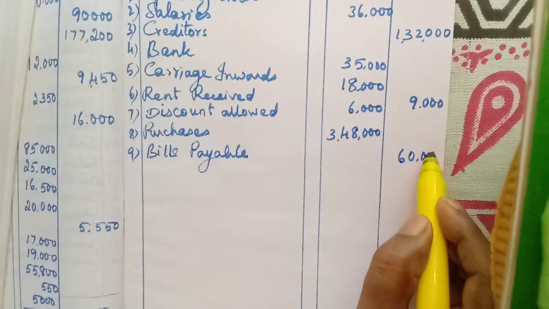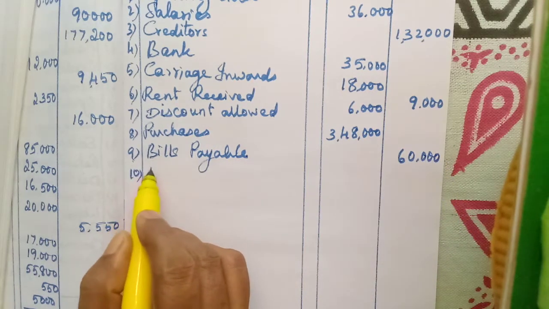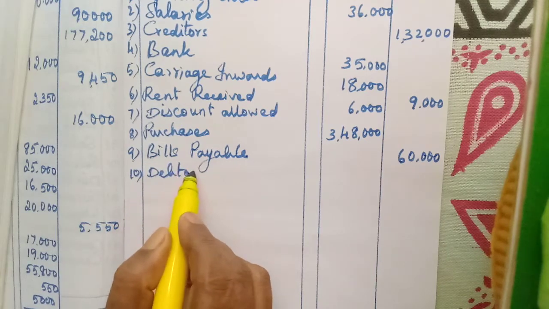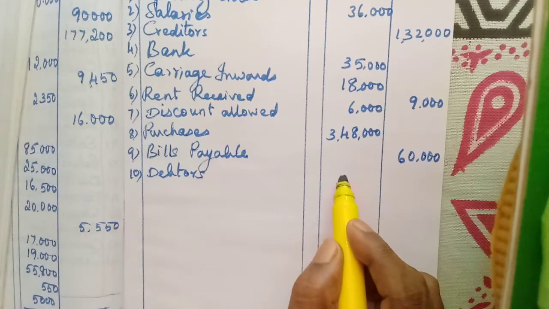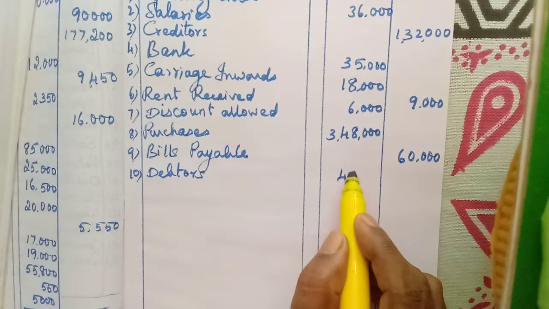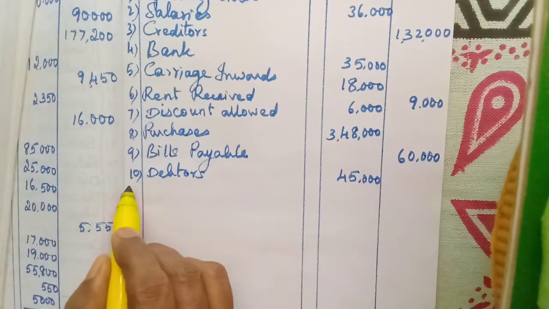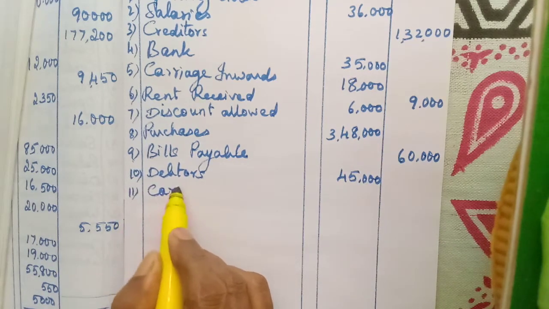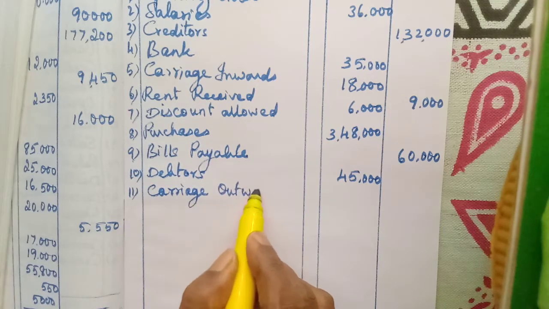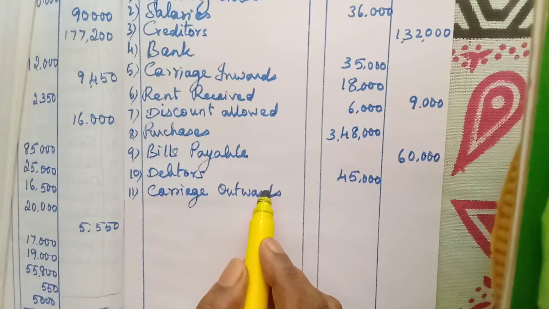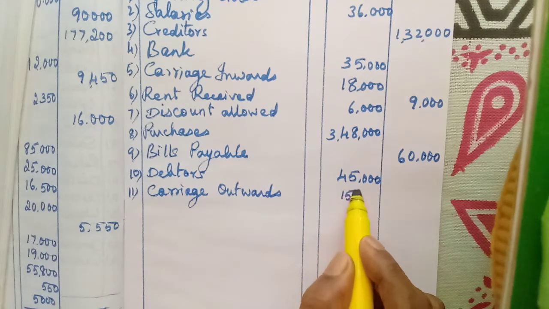Okay. Debtors. Debtors asset. Okay. 45,000. Carriage outwards 15,000. It is one expense debit.